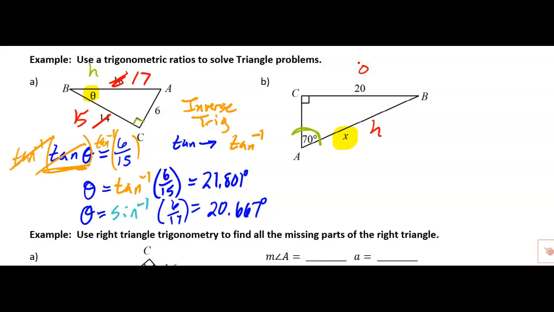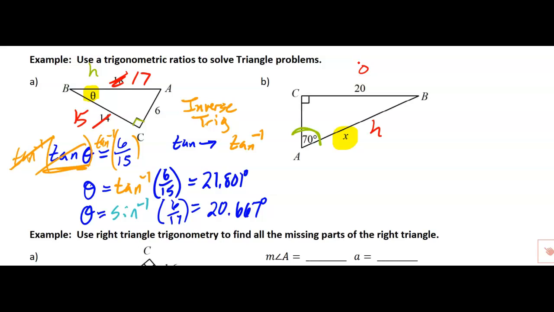Okay, notice in this one I can't just pick any number because I don't have all three values, right? So essentially, if I've labeled my diagram, I have an angle measure, I have an opposite side, I have the hypotenuse.